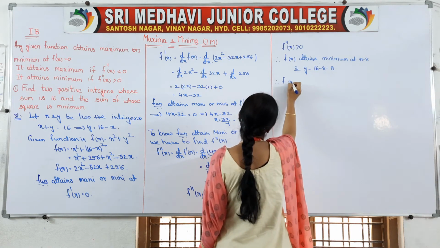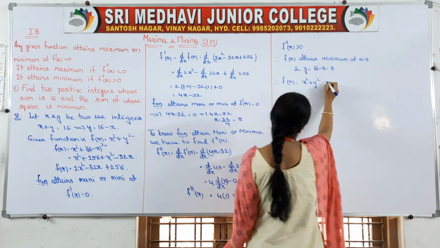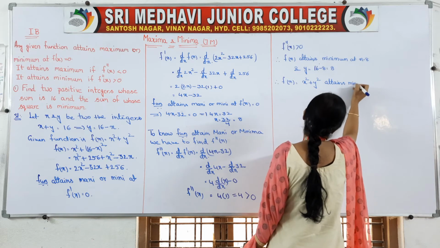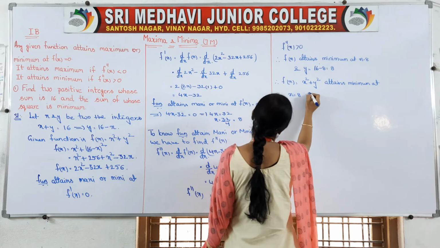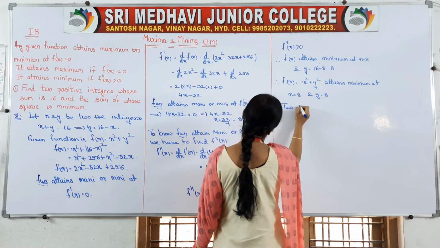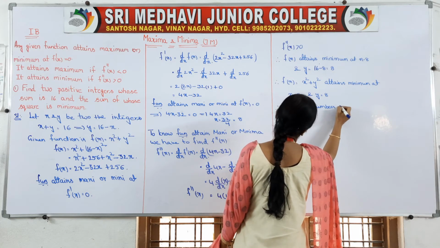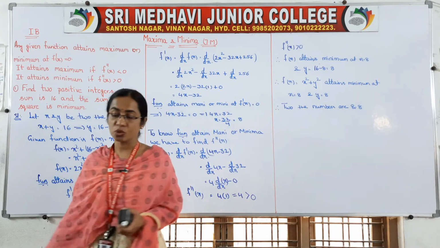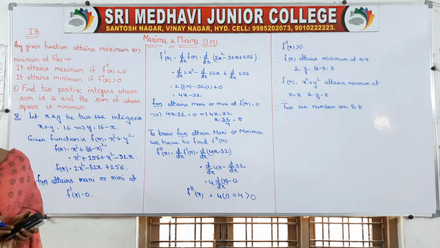Therefore, our f of x, the sum of the squares, x square plus y square, attains minimum at x is equal to 8 and y is equal to 8. Therefore, the two positive numbers are 8, 8.